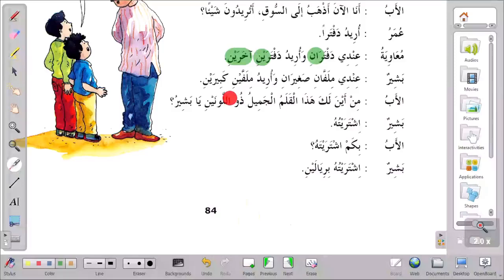The pen has two colors, a part of it maybe green and another part blue. Bashir says, "Ishtaraytuhu, I bought it." The father asks, "Bikam ishtaraytahu? How much did you buy it for?" Bashir says, "Ishtaraytuhu biriyalaini, I bought it for 2 riyals."